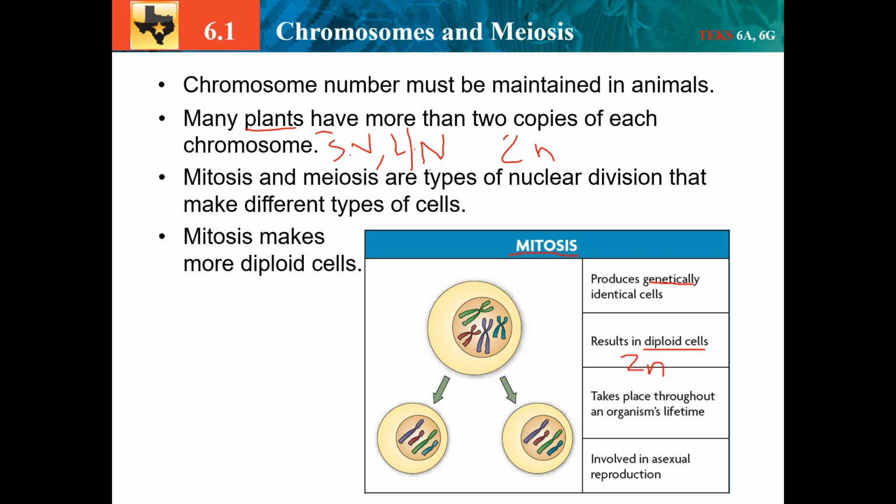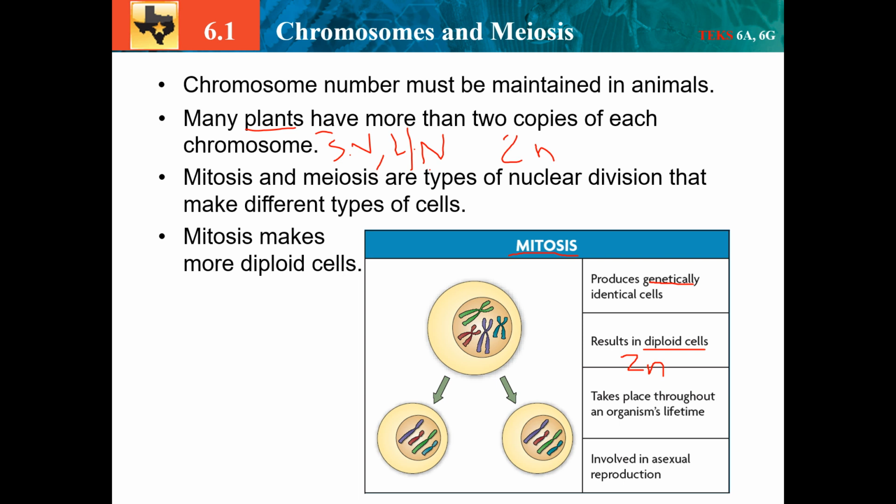Mitosis happens throughout an organism's lifetime. Think of your skin cells. Your skin cells are always dividing because they have a certain shelf life where they have to get replaced. Same with your other body cells, like your stomach cells.